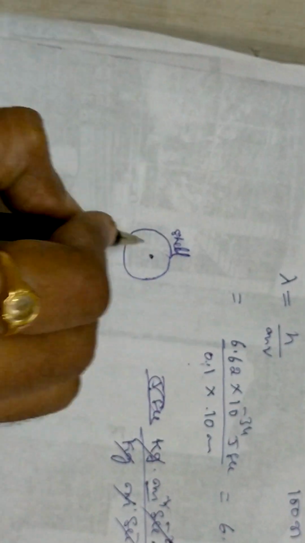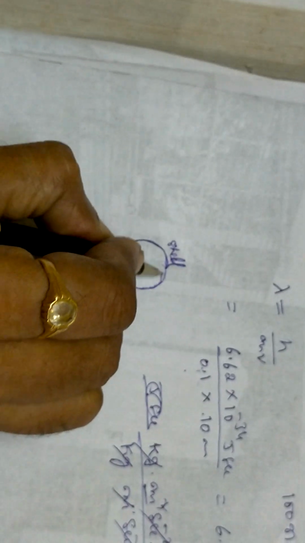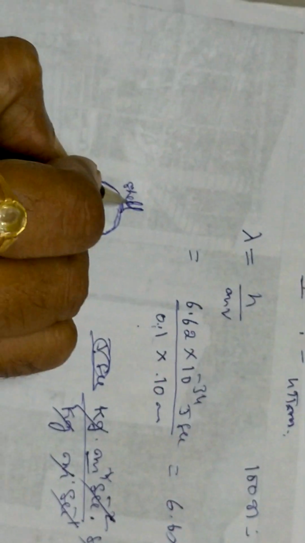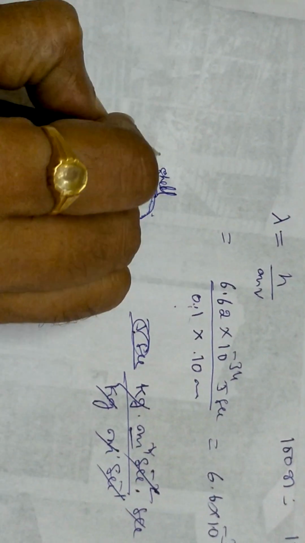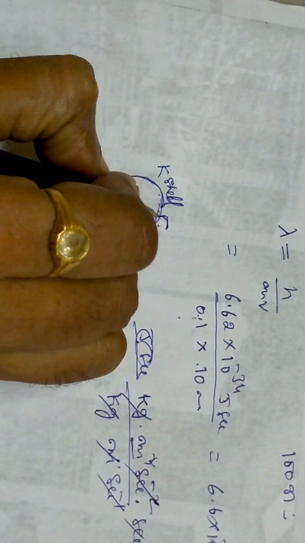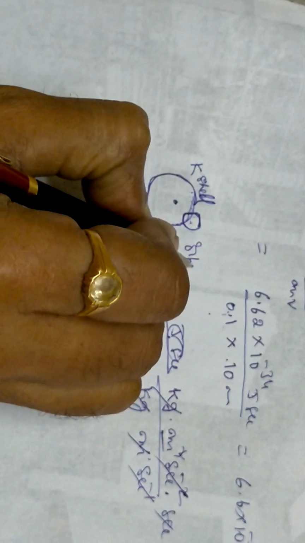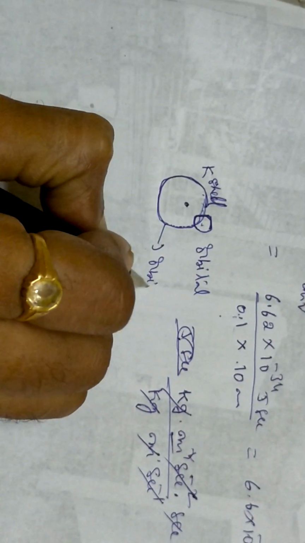As per Bohr, the circular one is called an orbit. Whereas in the shell there are subshells. Suppose in the K shell, there is only one, that means only an s orbital. This is the orbital, this is the orbit.